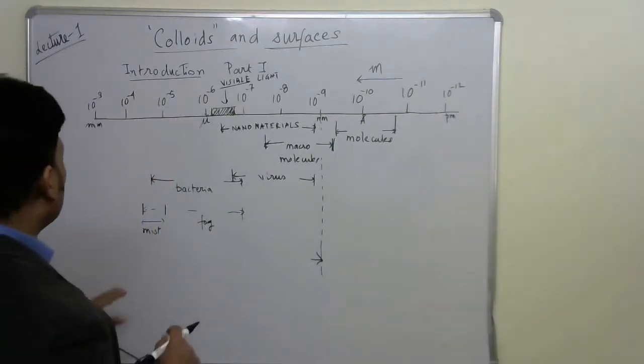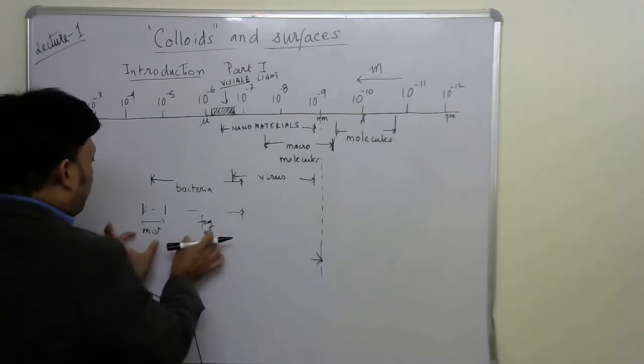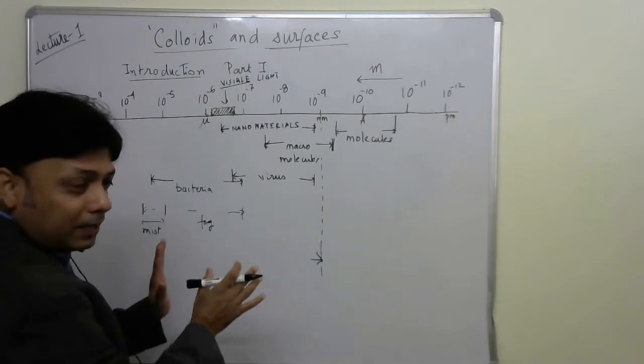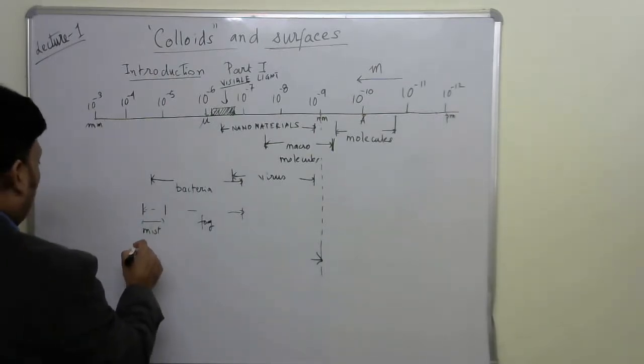It starts from there and goes up to, since I told you fog and mist belong to the colloidal phase, exactly that part.